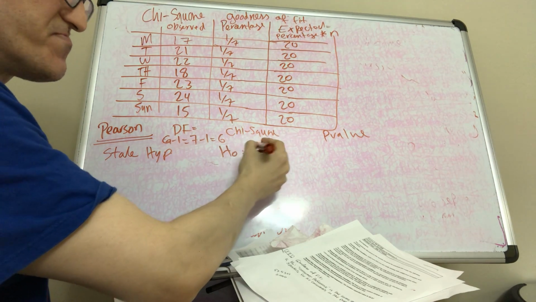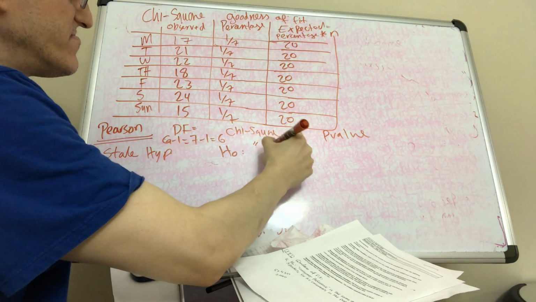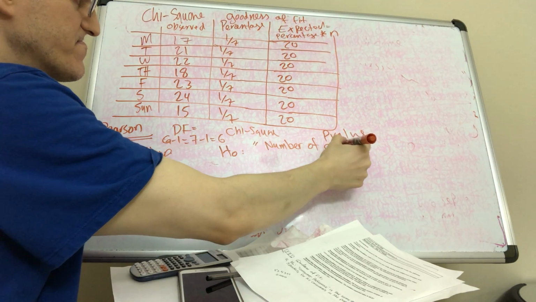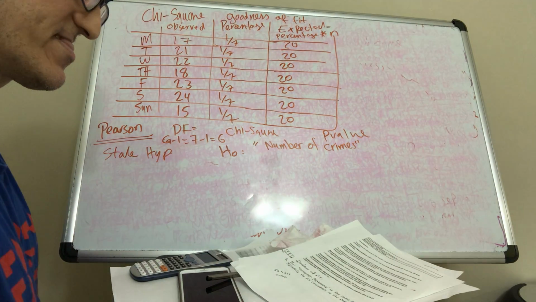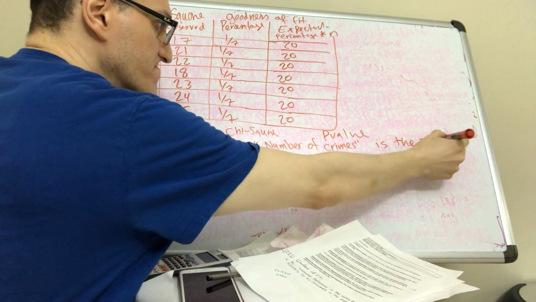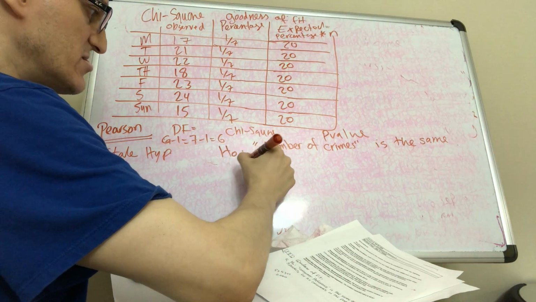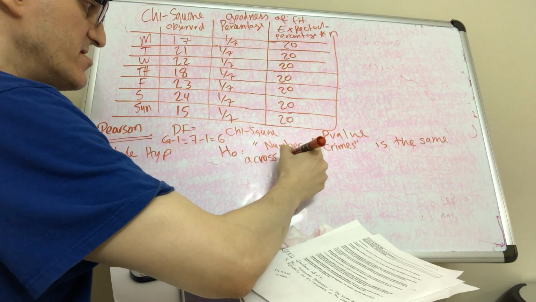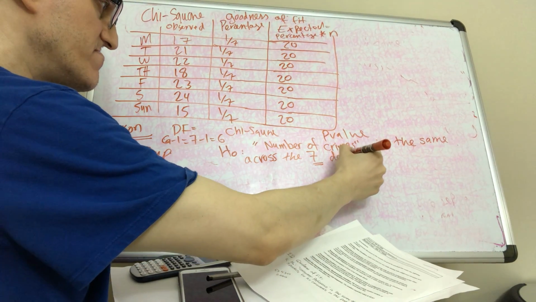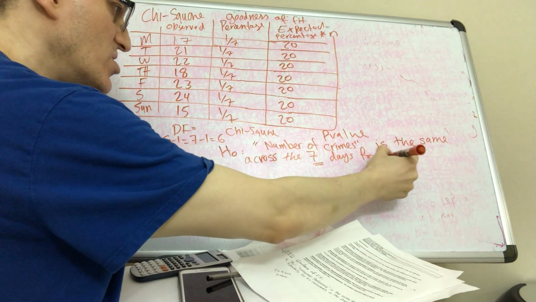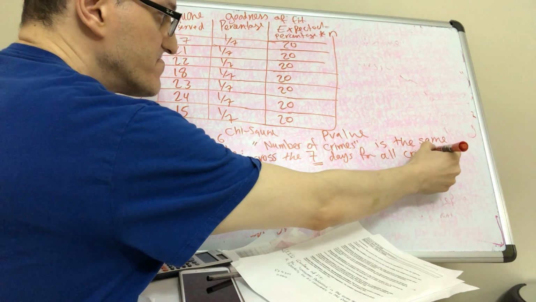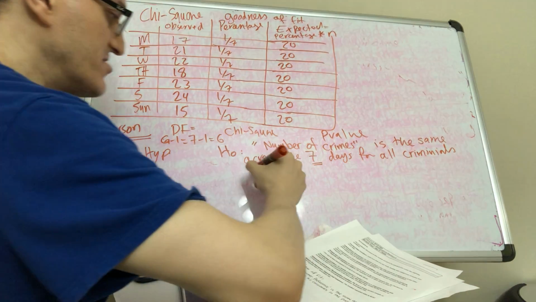In this case, the number of crimes is the same across the 7 days for all criminals in the population.